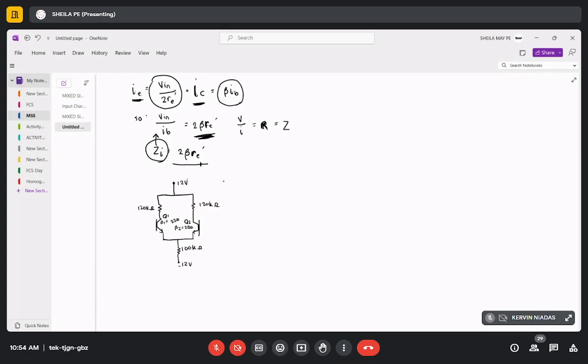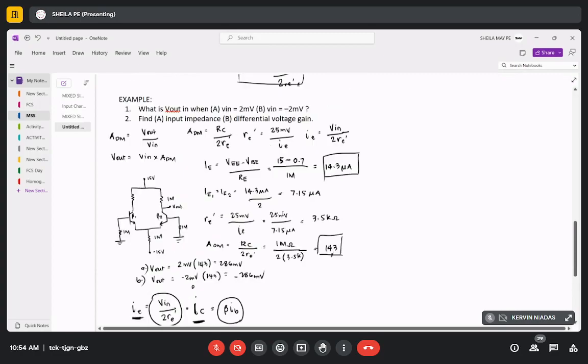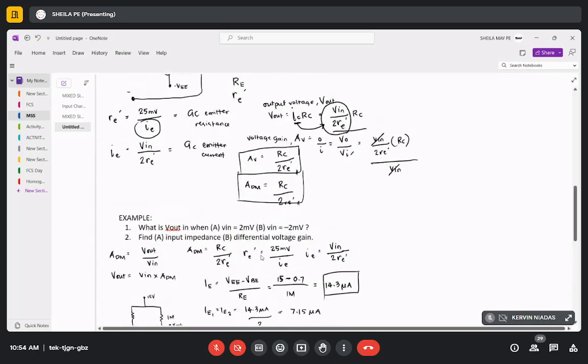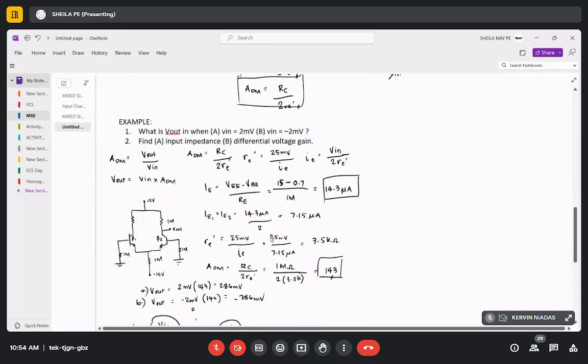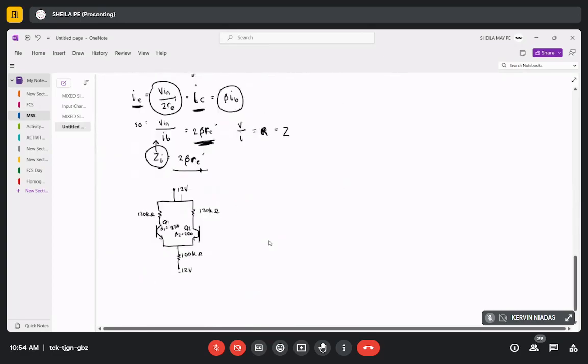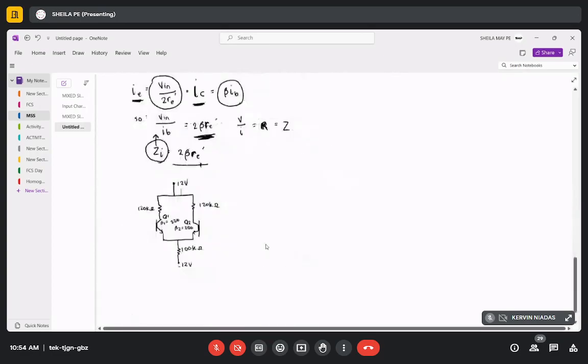Okay, so for example here, for number 2, find the input impedance and the differential voltage gain or the ADM. For the input impedance, we have the formula, 2 beta RE, and we need to find our RE prime. Our RE prime has a formula of 25 millivolts divided by IE. In finding our IE, we need to find our tail current and divide it by 2.